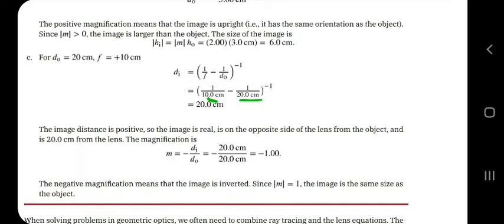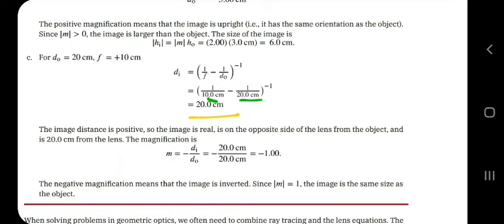Simplifying, the image distance is equal to 20 cm. The image distance is positive, so the image is real, same as letter A. The image is on the opposite side of the lens from the object and is 20 cm from the lens.